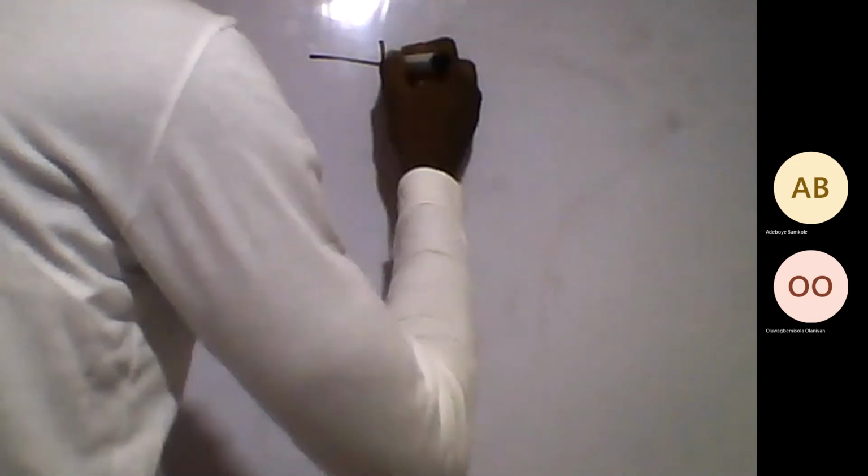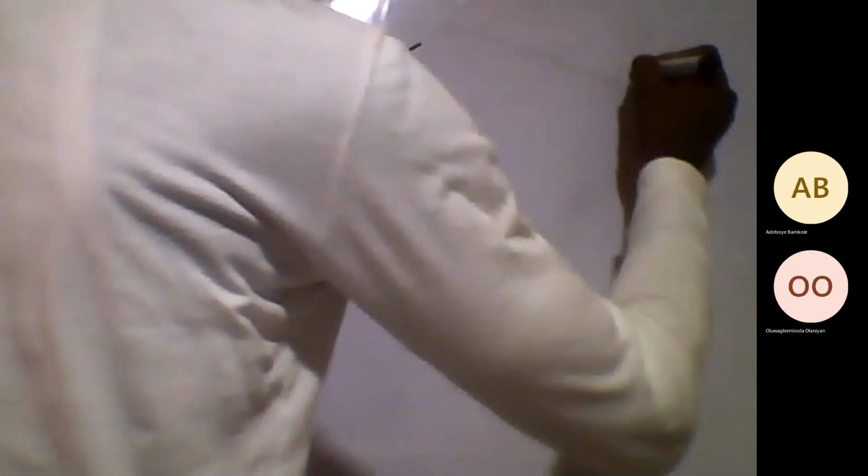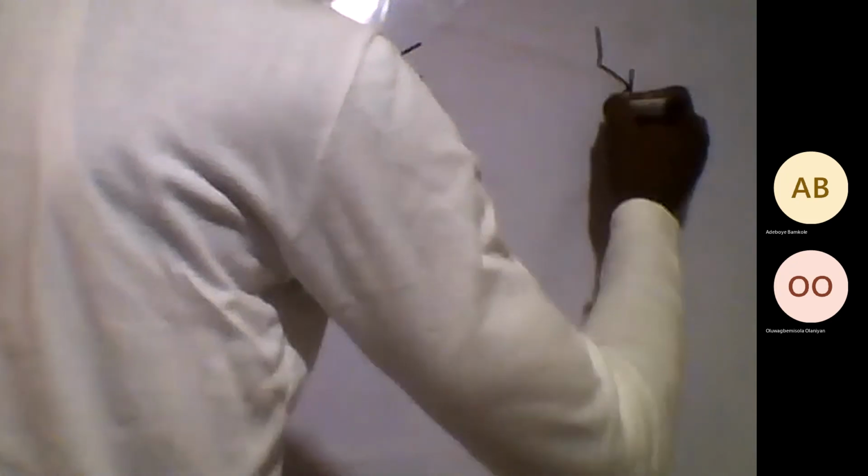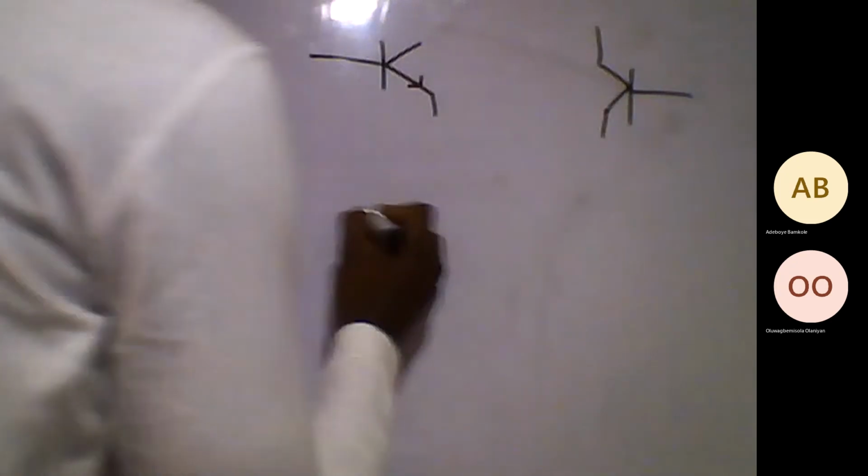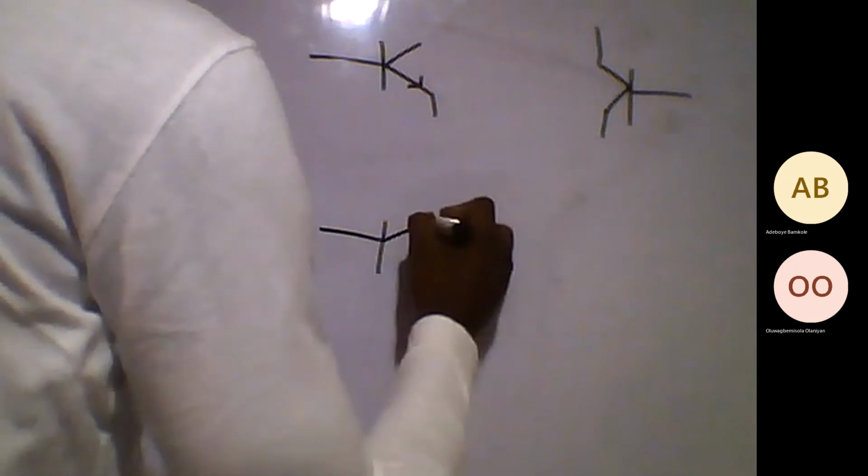You will soon see why. Let's look at this. The H bridge is put together using 4 transistors. Transistor number 1, here. Transistor number 2. Transistor number 3.